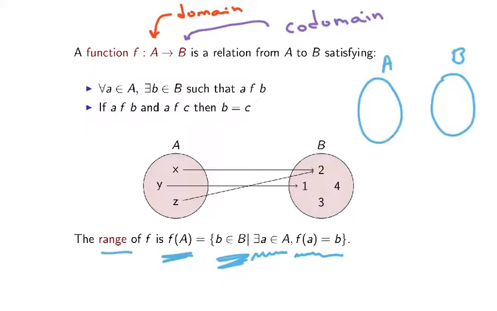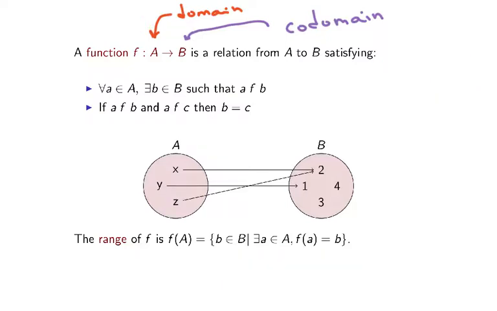If we write the sets A and B, what we are saying is that for all the elements b here there should exist an element a here such that a relates to b. In other words, the range of the function is the subset of B to which the arrows arrive.